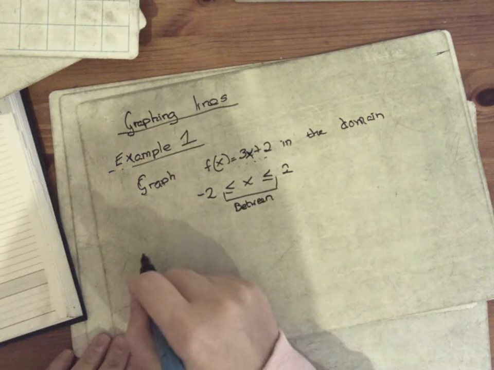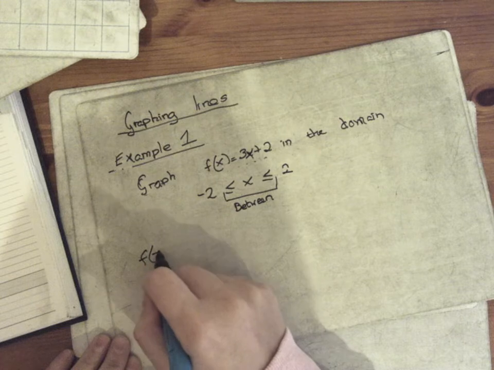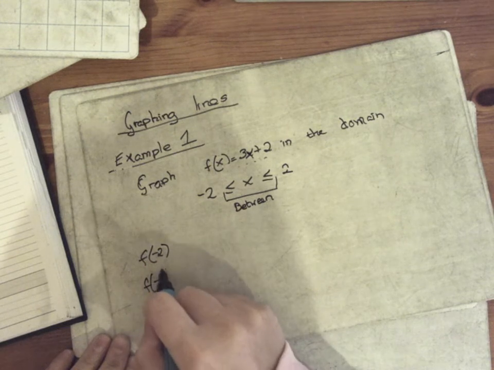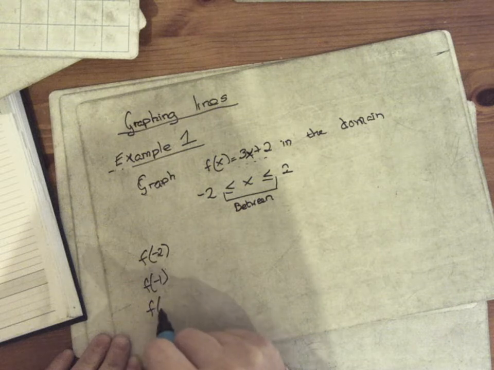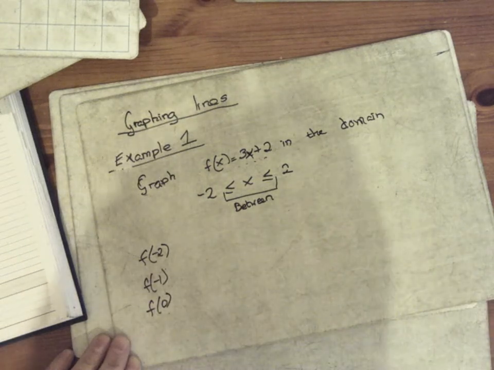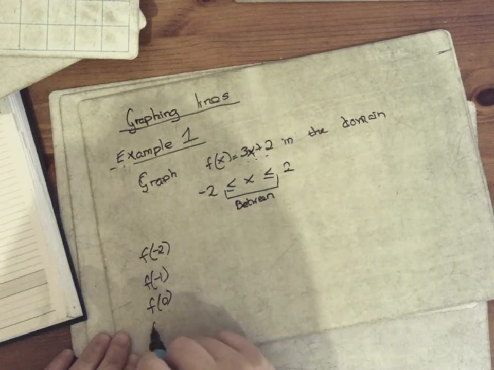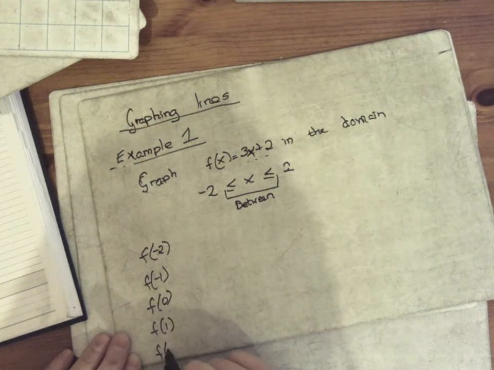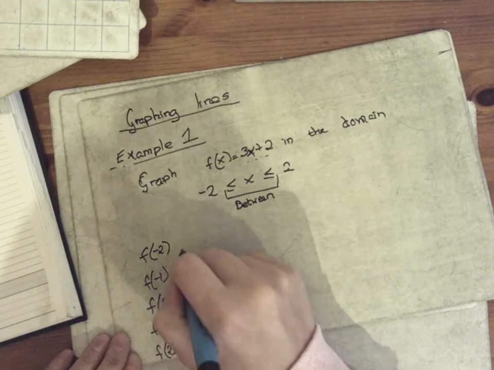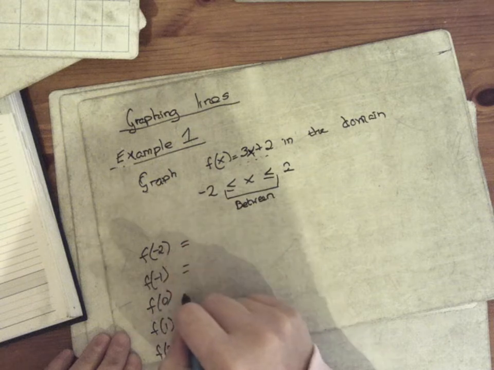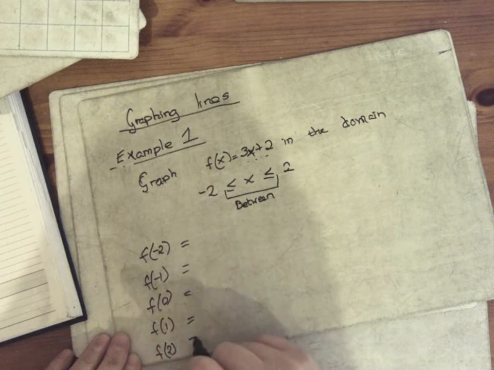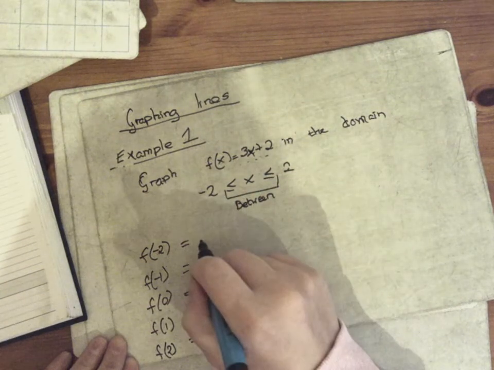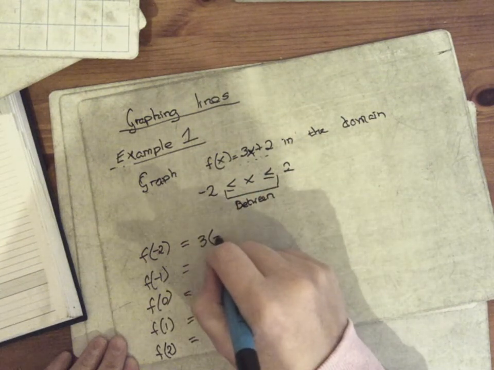So what we do is we get f of minus 2, f of minus 1, f of 0, f of 1 and f of 2. Okay, so to get f of minus 2, everywhere I see an x, I put in a minus 2, right? So my function is 3x plus 2, so instead of that x, I'm putting in a minus 2.